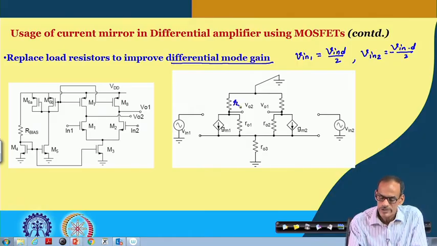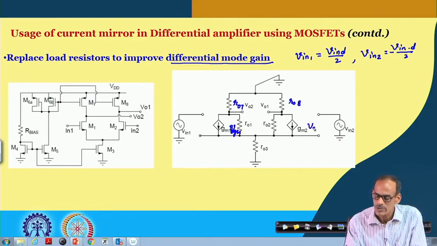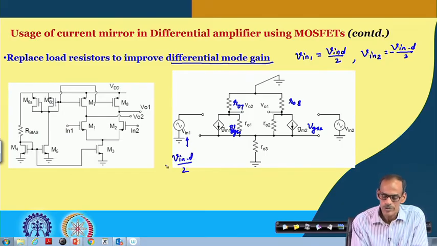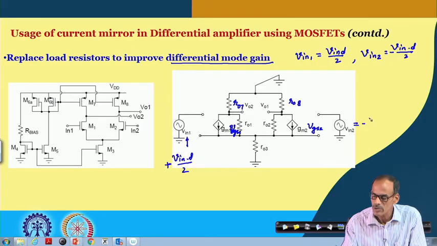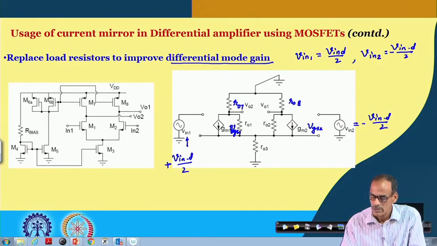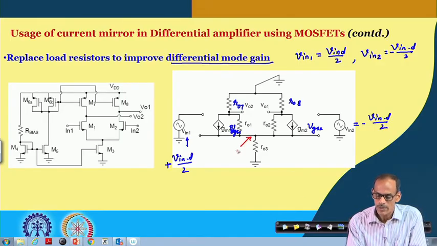And we do have all these elements RO7, RO8, then this is gm into VGS1, gm into VGS2, and so this is Vin D by 2 with a plus sign, and this is equal to minus Vin D by 2. And as we have said earlier, that makes this node virtual ground.